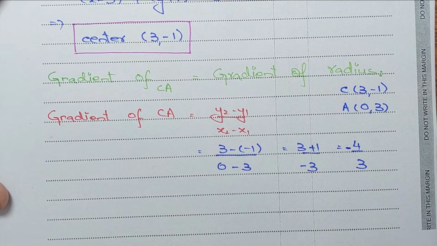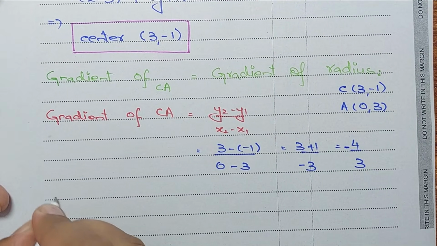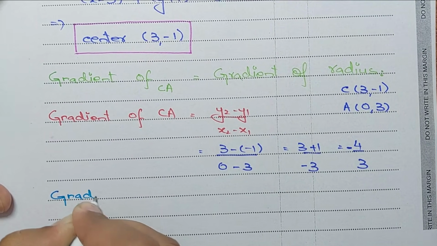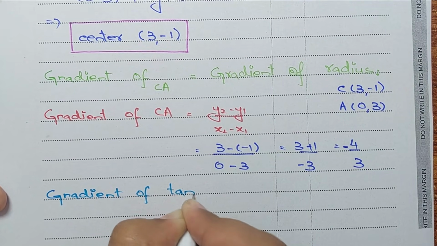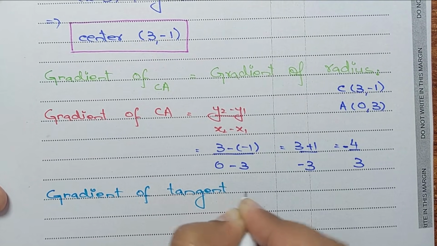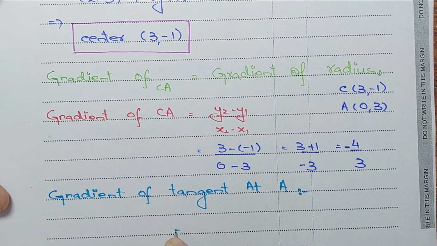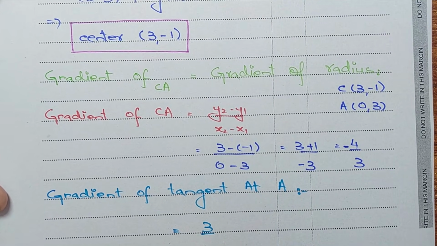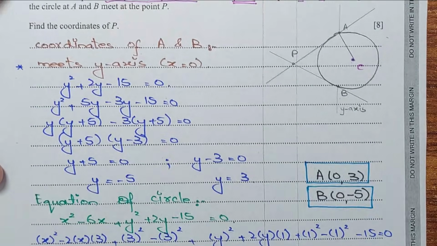If the gradient of CA is minus 4 over 3, then what is the gradient of the tangent at A? It is 3 by 4, negative reciprocal of 4 by 3, which is 3 by 4. Why?